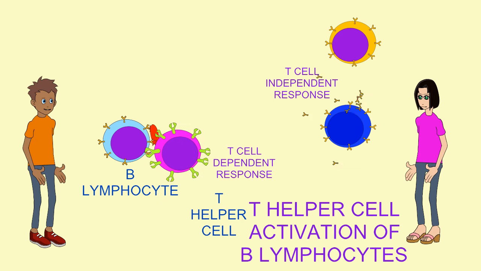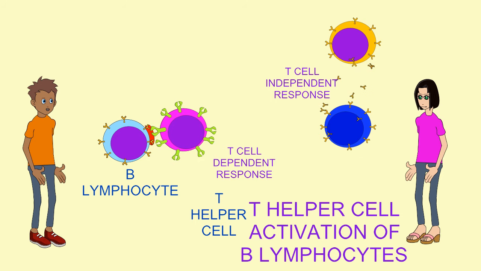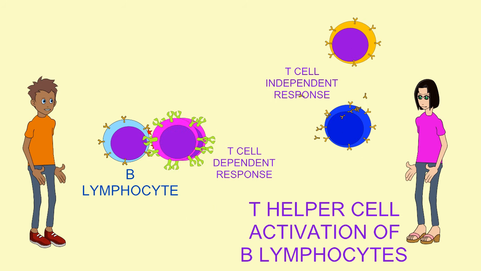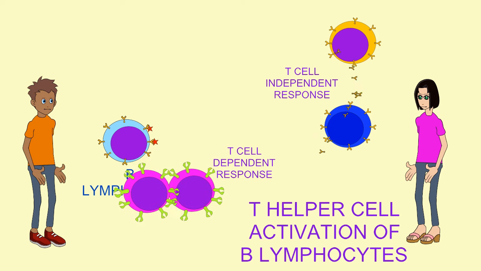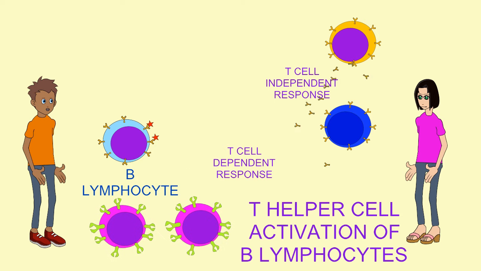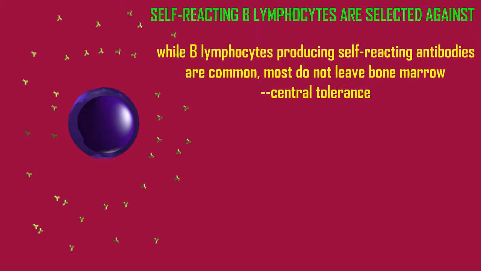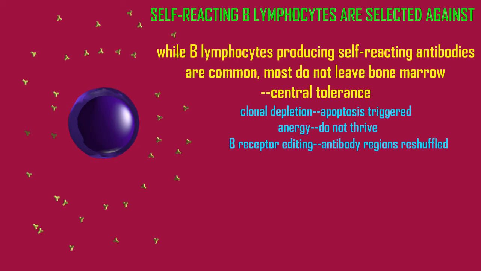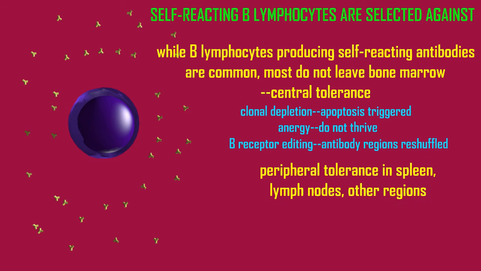While T lymphocytes are clearly involved, B lymphocytes are important antigen-presenting cells which help to stimulate naive T helper cells. B lymphocytes should not be able to generate antibodies against self, so they should not be able to express antibodies that would bind to insulin and recognize it as foreign or to any other protein produced by the beta cells of the pancreas.